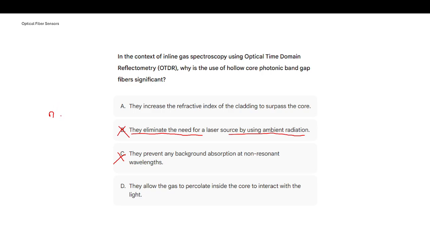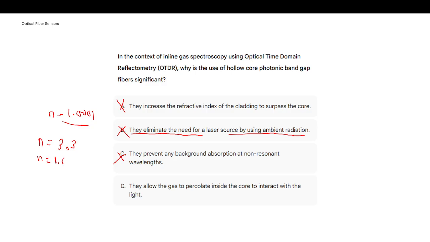Yeah, so refractive index is almost 1.0001. So with this you can't think that they increase the refractive index of the cladding to surpass the core, because the core's refractive index will be approximately 3.3 or more, because it's a glass fiber or silicon, and the cladding is approximately 1.6. So this is also not correct.